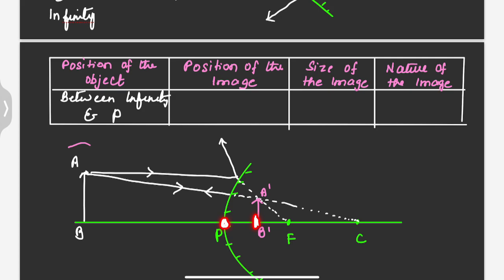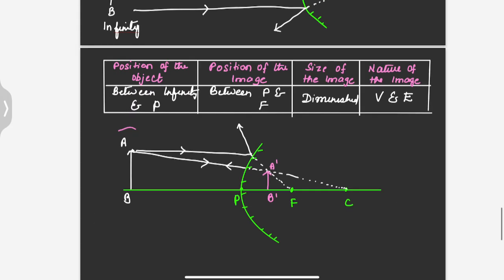That is between P and F. So you will be writing here between P and F. And size of the image is diminished. And what is the nature of the image? Virtual and erect. So this is how you draw the ray diagram.